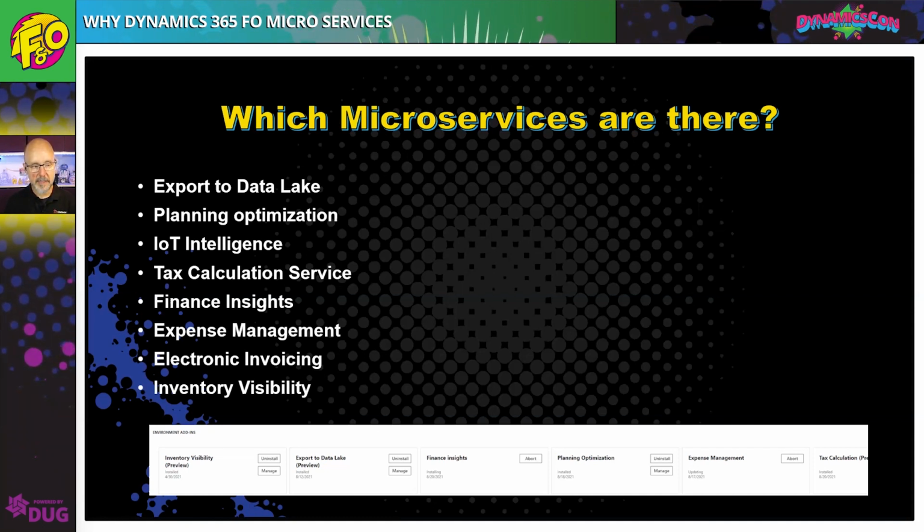We have the planning optimization, IoT intelligence, the tax calculation service, finance insights, expense management, electronic invoices, and inventory visibility. In the coming slides, I will go through these one by one and do a quick explanation of what they mean and what they do, and some hints about how they are set up and how they use the infrastructure to work with Dynamics.